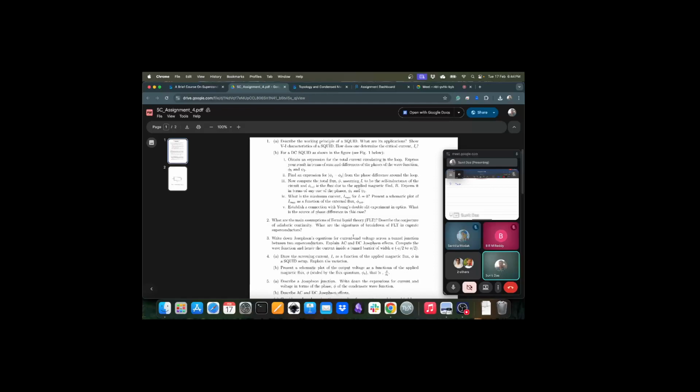The second assumption is that whatever the good quantum numbers were in the initially non-interacting case, they remain the same for the weakly interacting case as well.